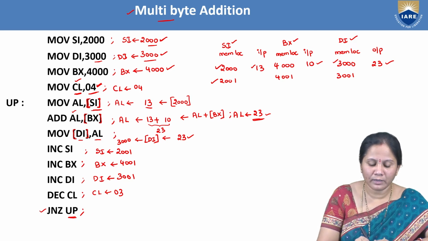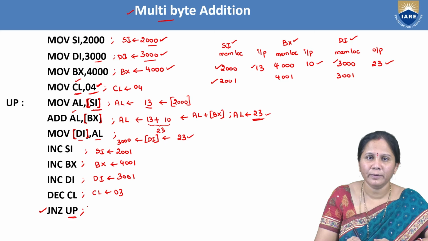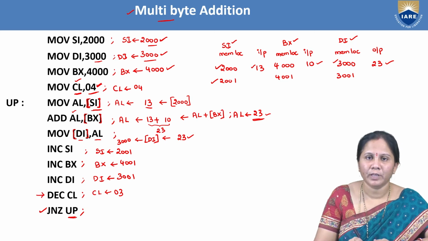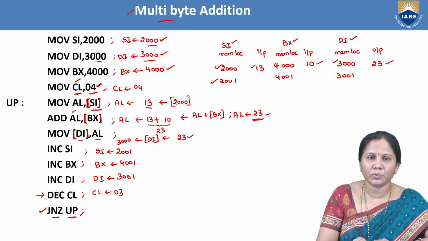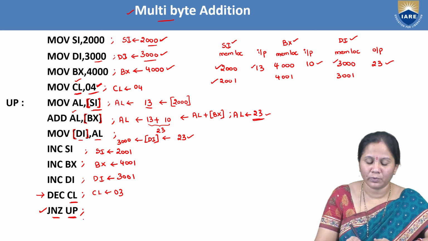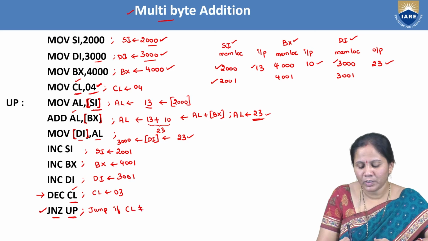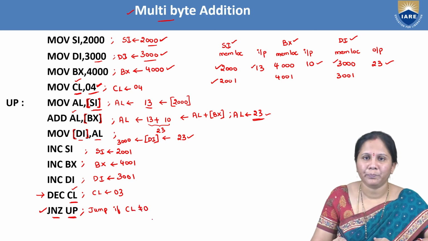Here we have written the instruction just after the DEC CL instruction, so this condition is related to the result of the previous instruction. JNZ means jump if the CL value is not 0. So JNZ UP means jump if CL is not 0.